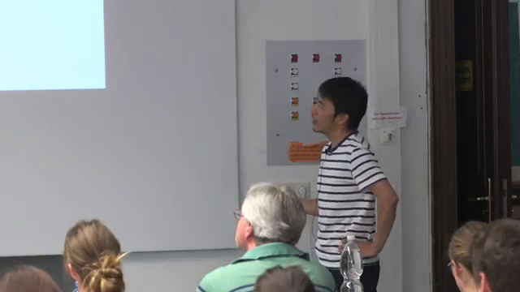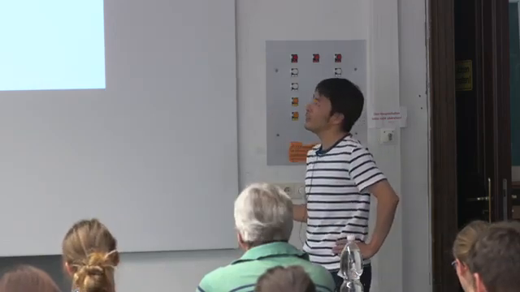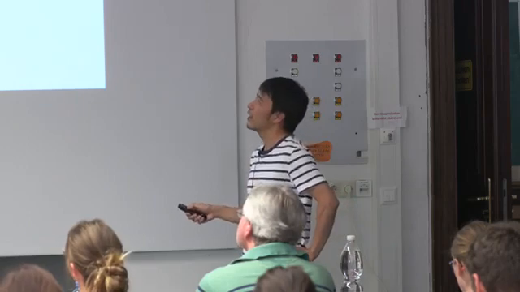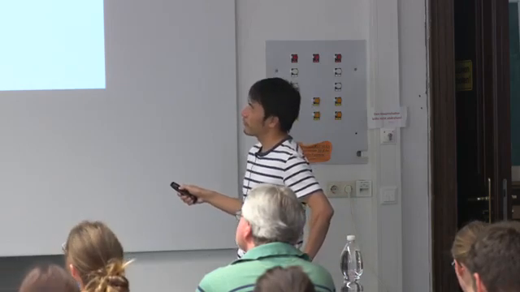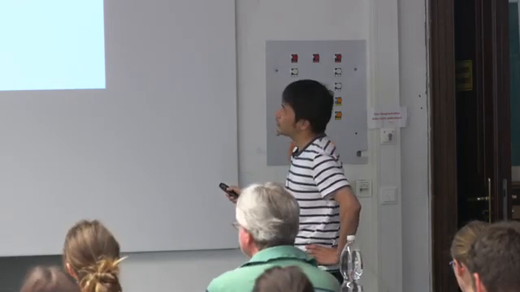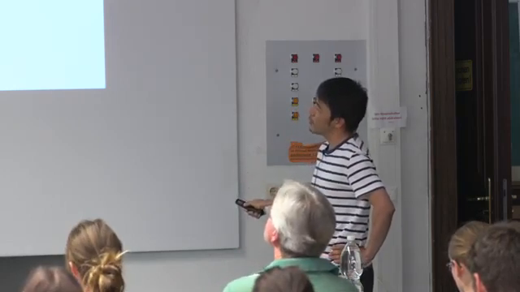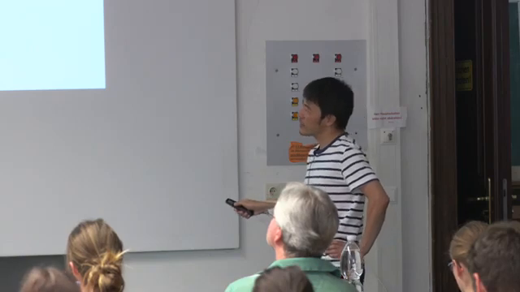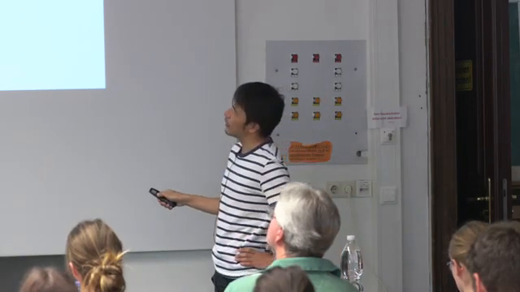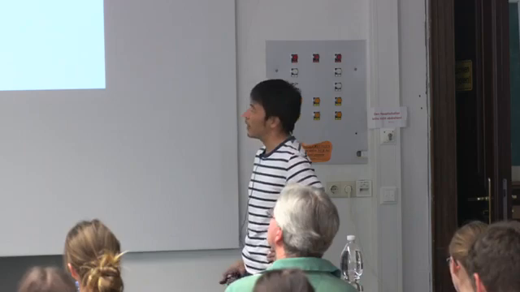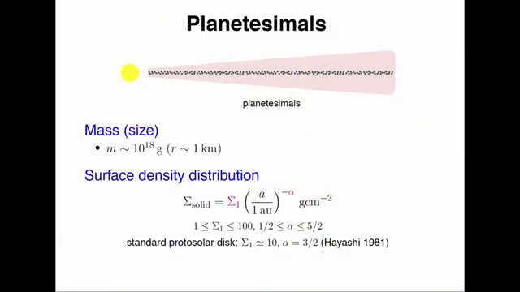Assuming the density is maybe 2 to 3 grams per cc, the size is about a kilometer. And for later use, we introduce this surface density distribution of planetesimals by this power law formula. Here sigma 1 is the surface density at 1 AU, and alpha is the radial exponent. For Hayashi's disk, sigma 1 is about 10 and alpha is 3/2.